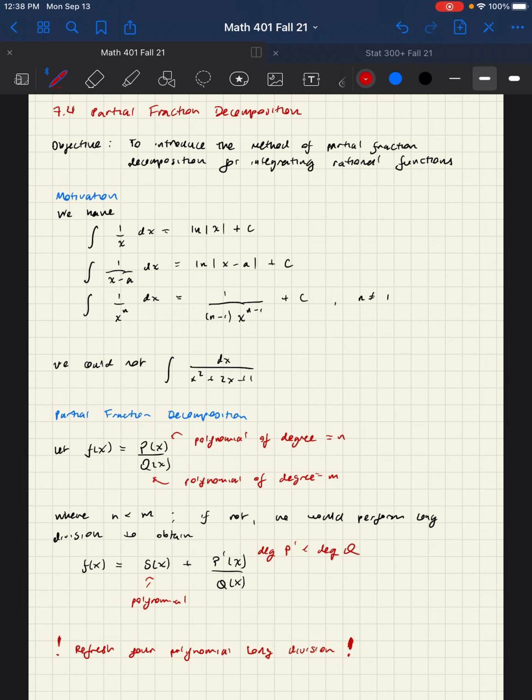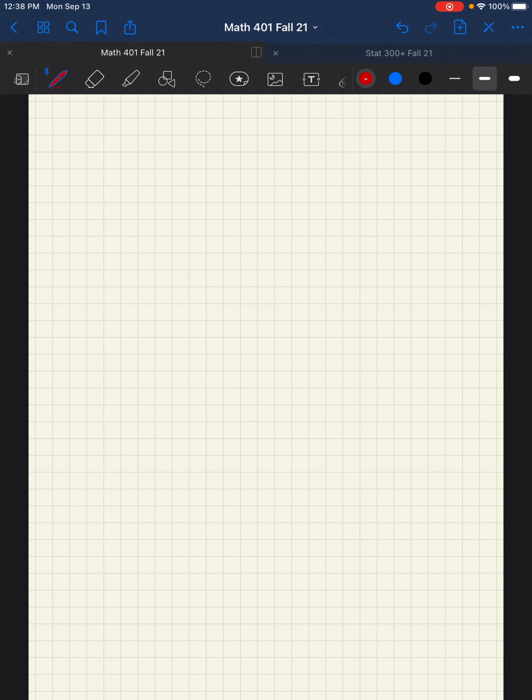So the method of partial fraction decomposition takes this rational function p over q, or the secondary one, the p prime over q, and we're going to write it as a sum of simpler rational functions, simpler in the denominator, okay? So there are four fundamental cases to consider. Really, we have an overview of cases.